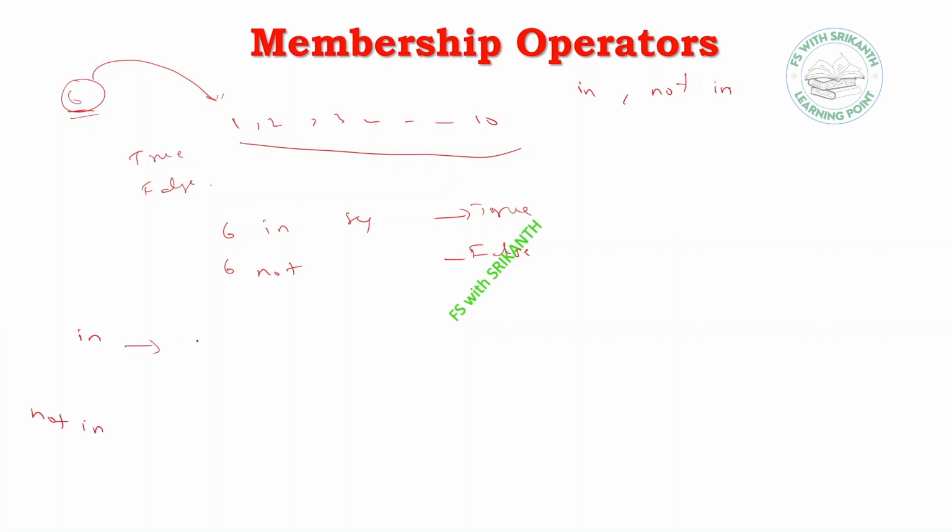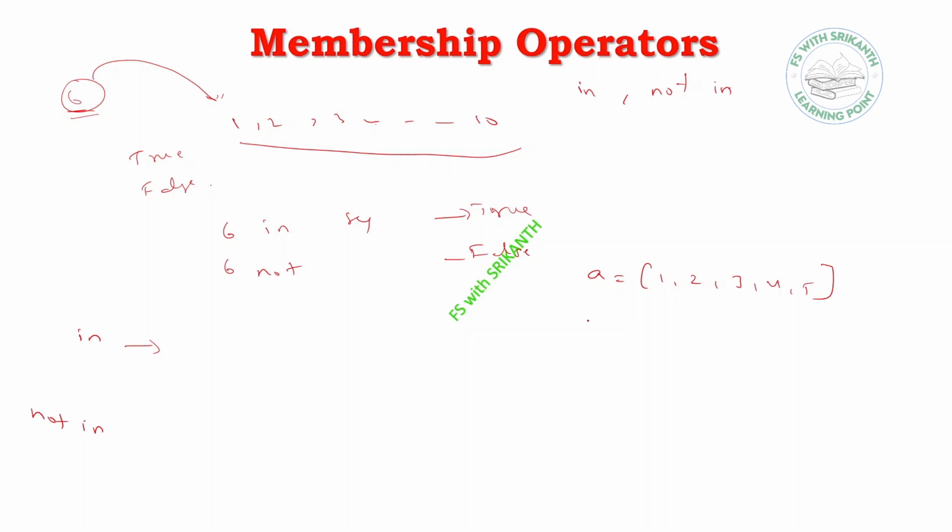The in operator checks if a value exists in the sequence. If the value is found in the sequence, it returns true. Otherwise, false. Then observe, A equal 1, 2, 3, 4, 5, suppose.